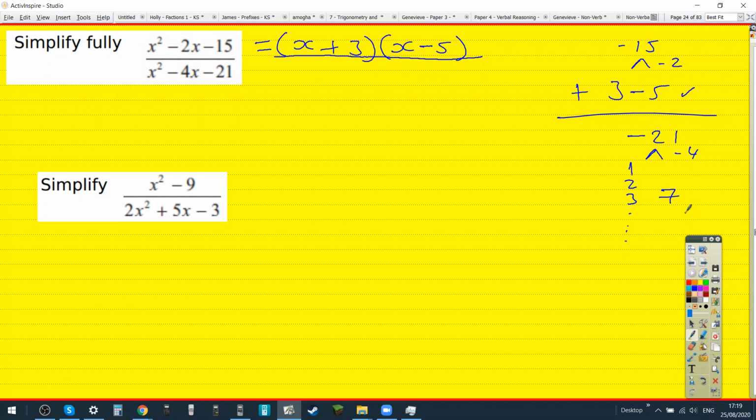If you do minus 7, then I think that should work. Oh wait, let me write down.